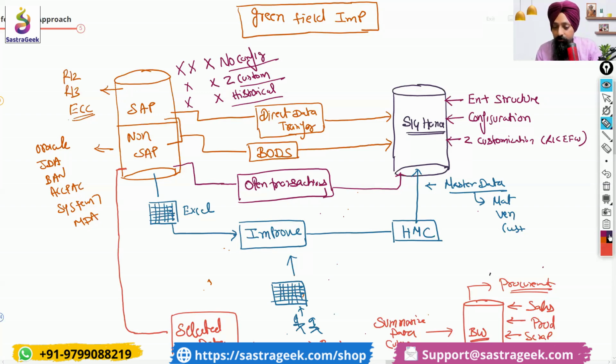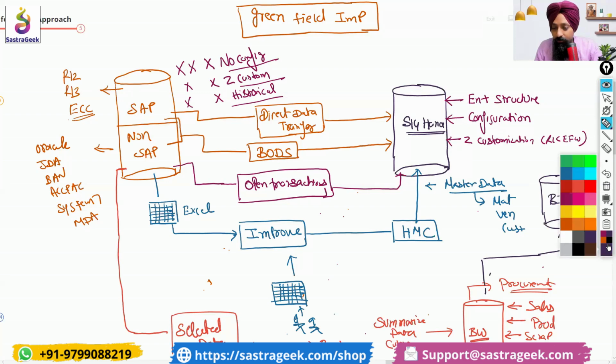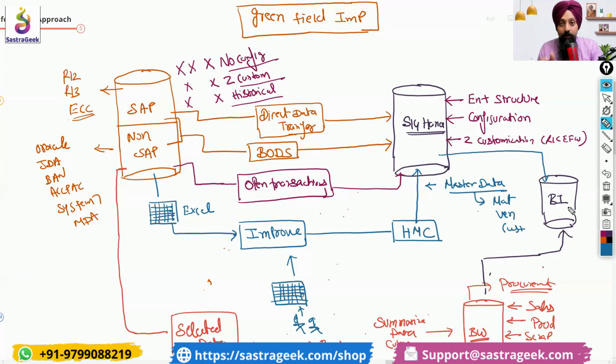And then we also use one more product. From this BW, we take this data for the analytics, and we have done this for a couple of clients into the BI. On the other hand, we also bring the S4HANA data into the BI. And from here, you can generate the reports which can tell you your current data in S4HANA and the historical data coming from BW, Business Warehouse.